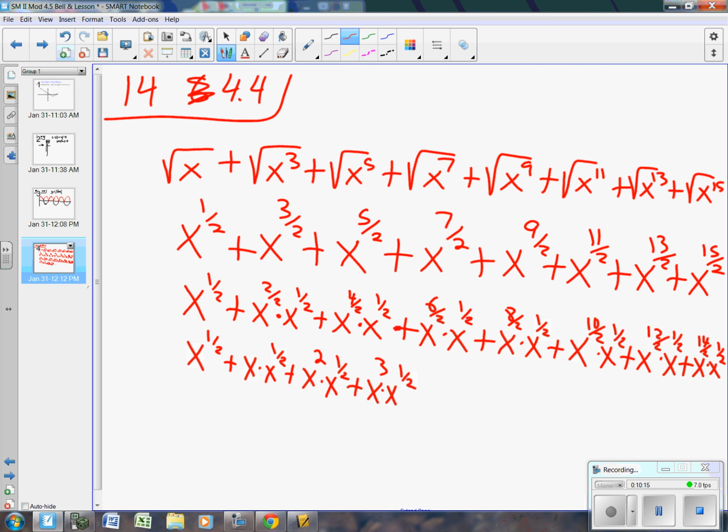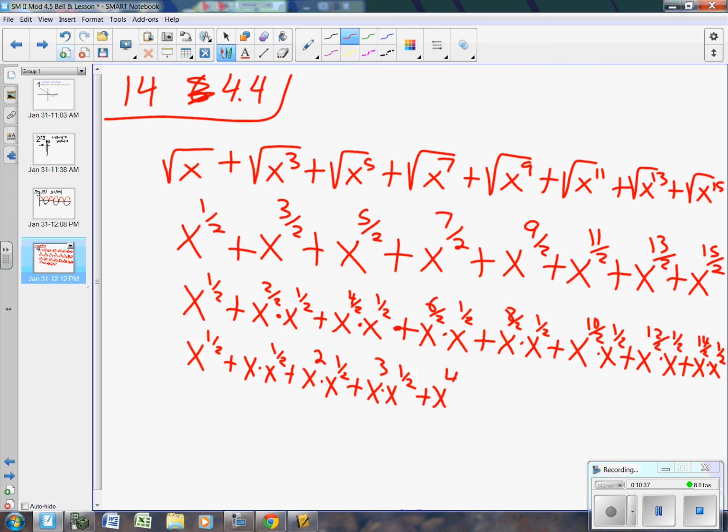Okay, you guys, if you just add these all up, you can't do that because these are plus signs in between. They're not times signs. Okay, well, I'll show you what it simplifies to. We're getting there. Finish this. What's the next one?